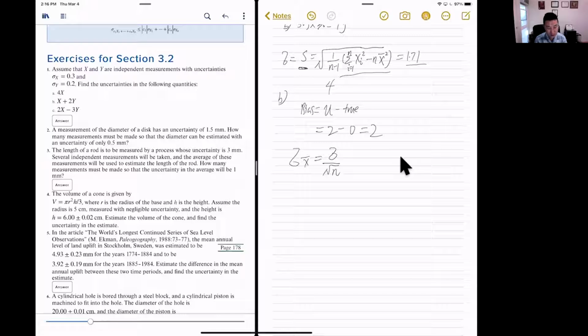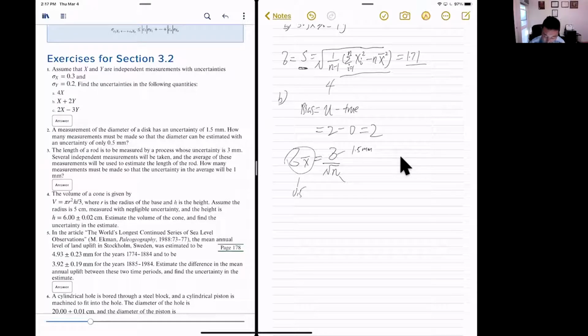So we use that equation. How many measurements is asked about n. Initially the sigma is 1.5 millimeter, and we want the new sigma of the average measurement to be 0.5.